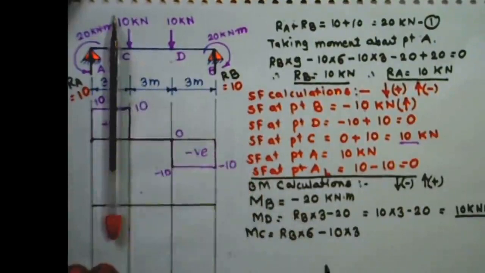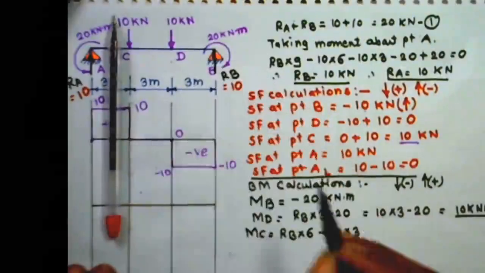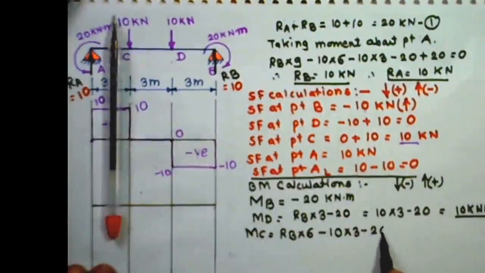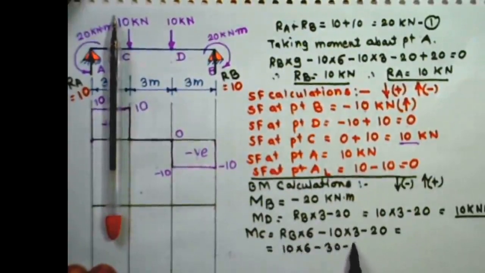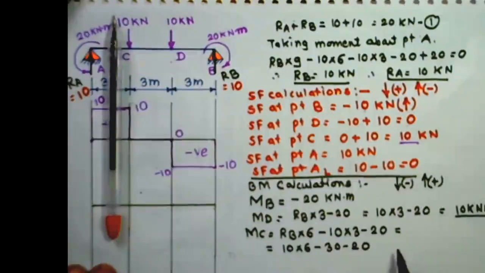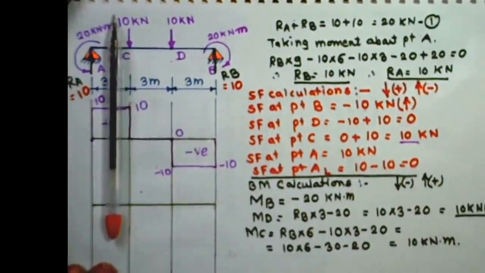So 10 into 3, and the moment is acting as minus 20. So it is equal to 10 into 6 minus 30 minus 20. Again we will get the value 10 kilonewton meter.